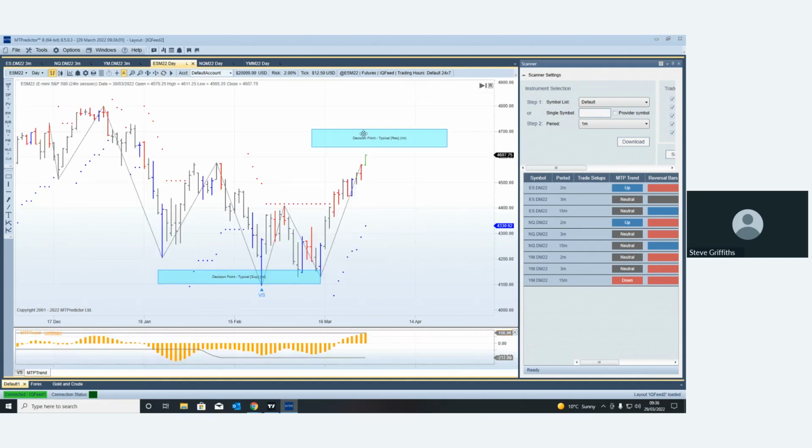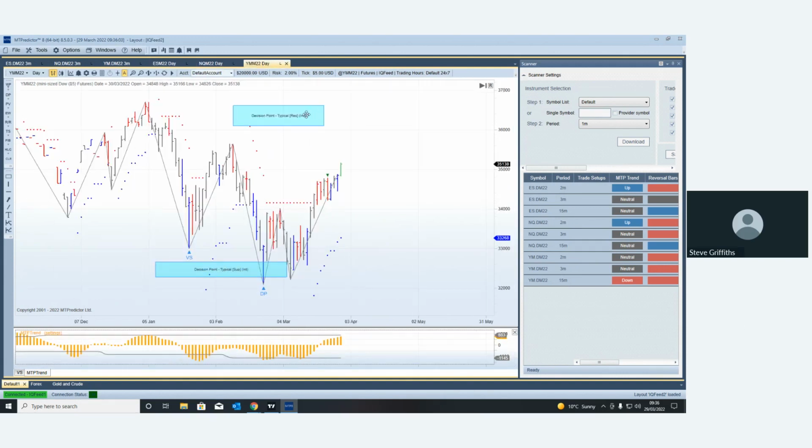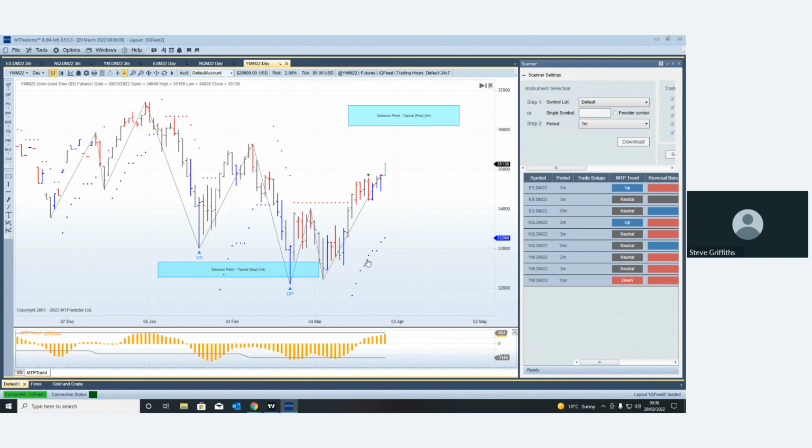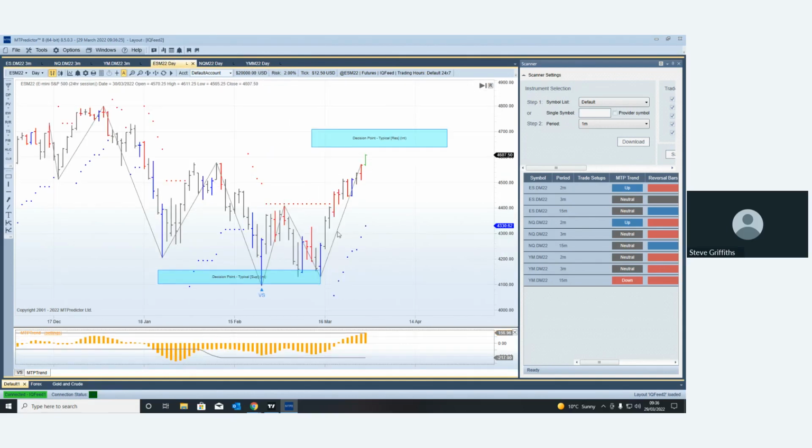But on the ES, we haven't reached the DP. On the YM, we've still got quite a significant way to go to the DP as well. So the minis are not singing from the same song sheet at the moment. They are quite different. But either way, it does look like the main thrust is on the upside at the moment and has been for the last couple of weeks.